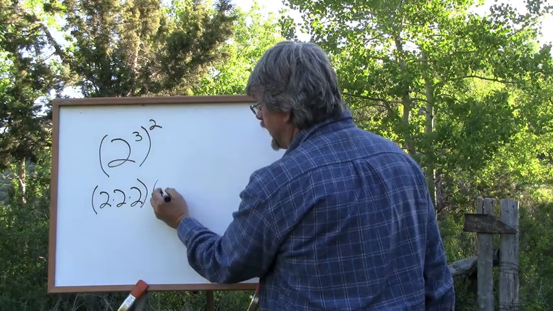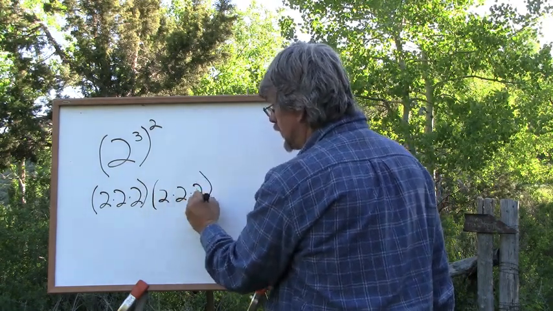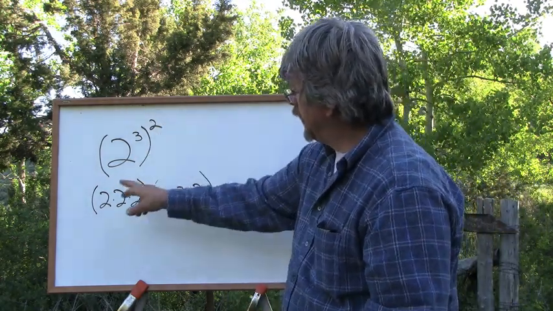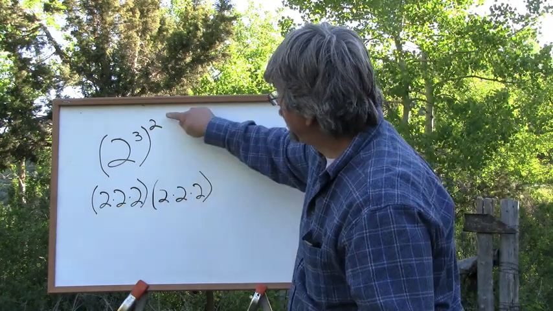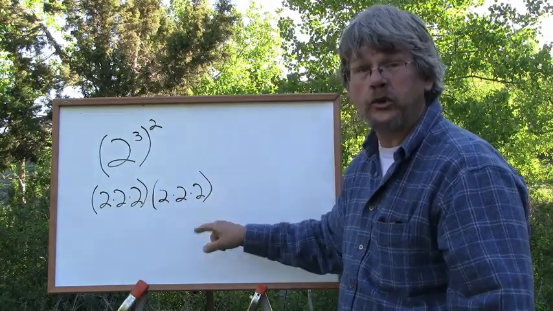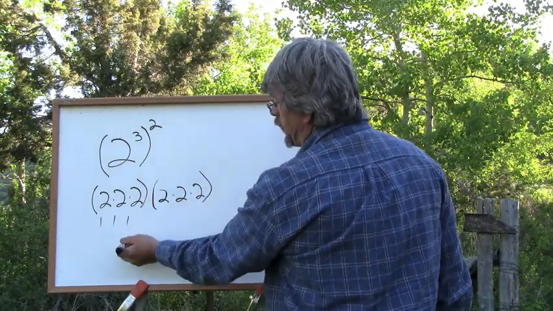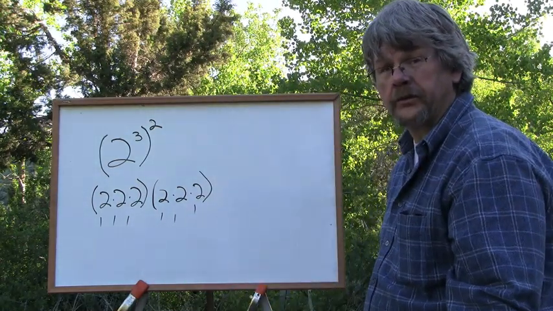So this is another 2 times 2 times 2. You have 2 sets of 3 2's. Count them off. 1, 2, 3, 4, 5, 6 2's.